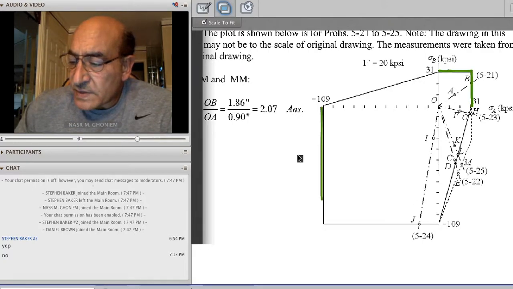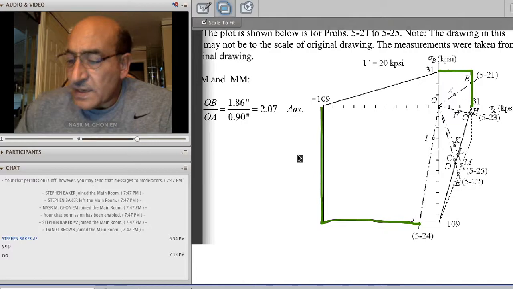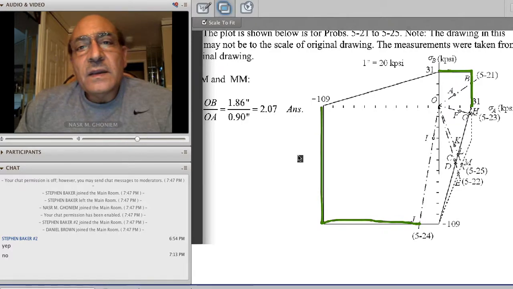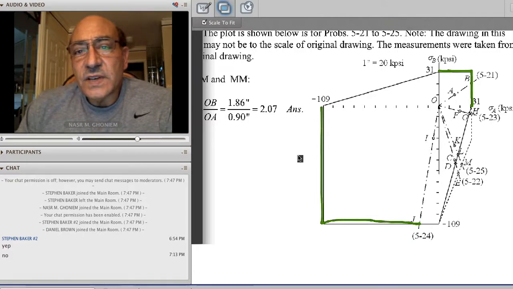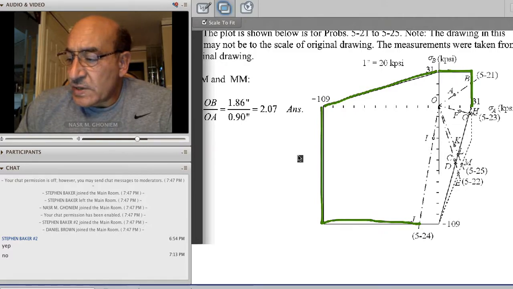There's your box that is asymmetric, because tension and compression are not symmetric. And then here's the straight line. If you don't have Mohr, you want to modify it, then you go down to the same level of tension, and then you connect to a straight line.